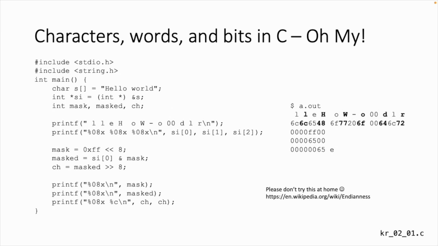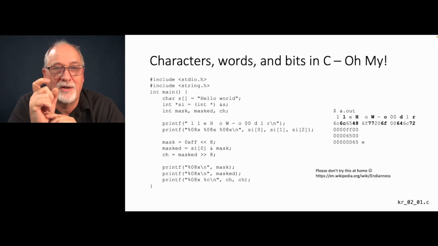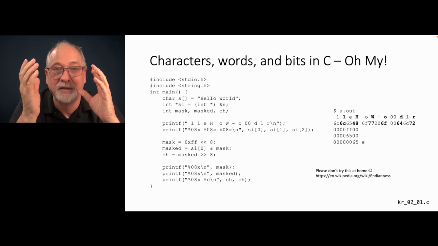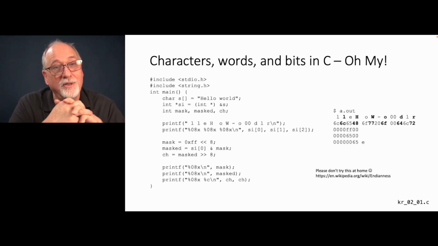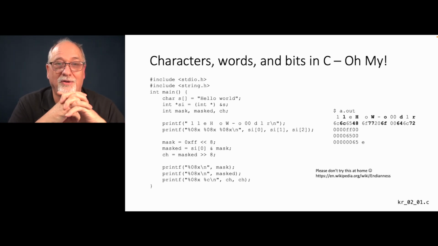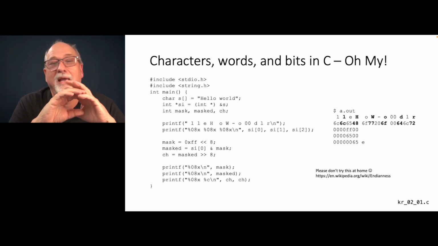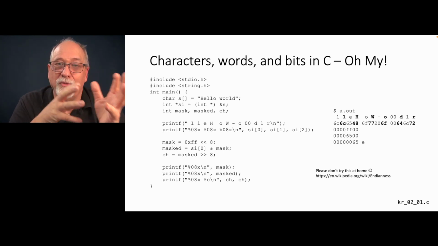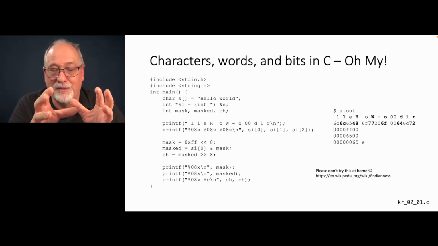This is how I would pull out the second character of a string so I could check to see if it's an E. Because I can't compare directly the second character of a string, right? In Python, you're like, why are we doing this? And that's why you build a string class instead of using a character array for this. And I made it even worse by starting with a character array and viewing it as an integer array and then playing with the integers.